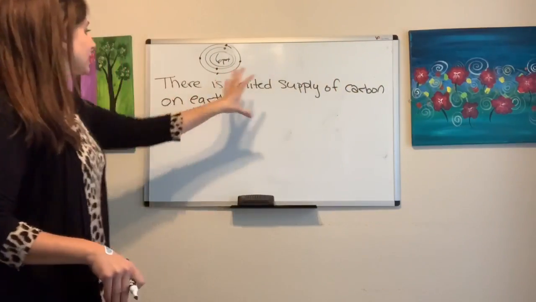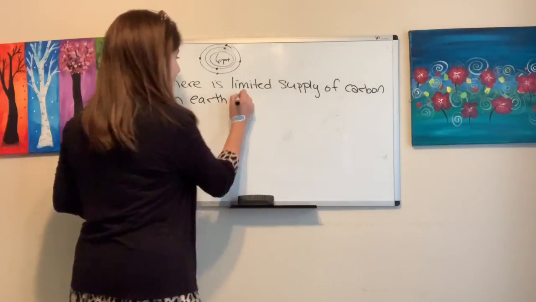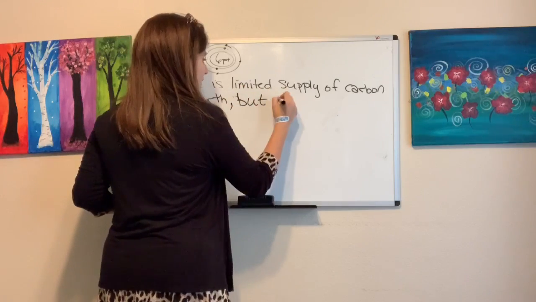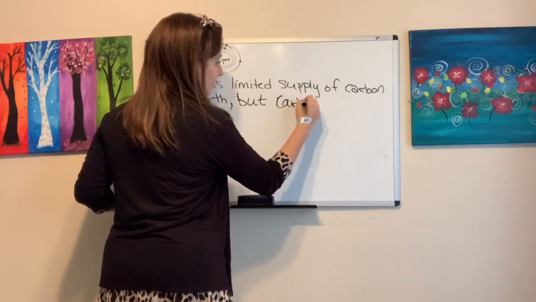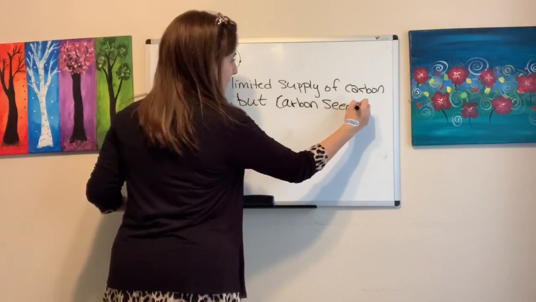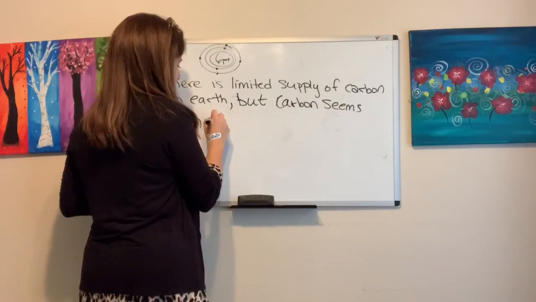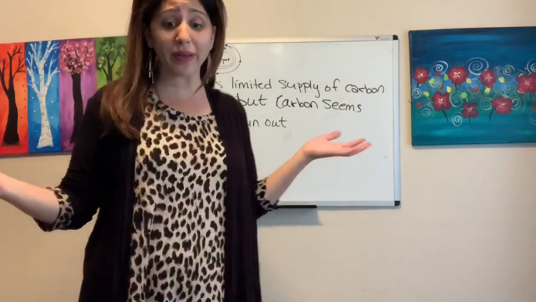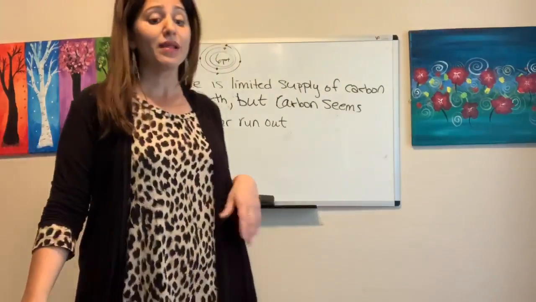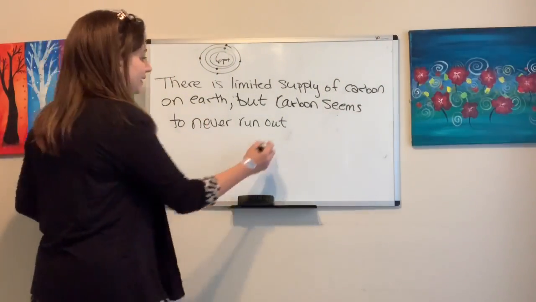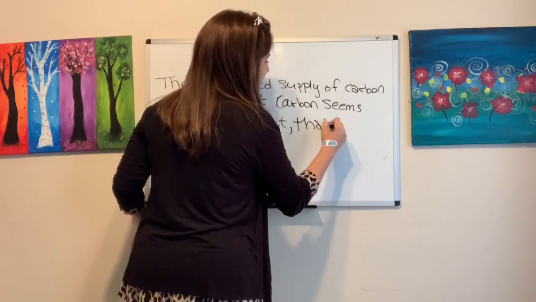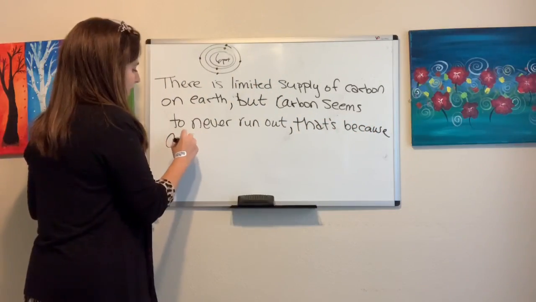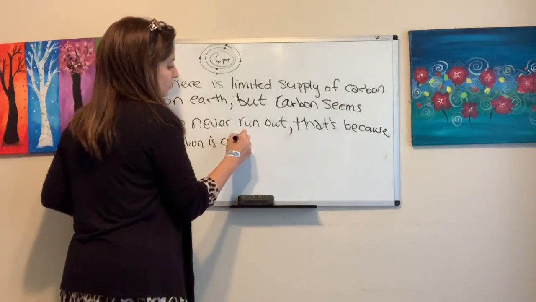So we know that there is a limited supply of carbon on Earth, but carbon seems to never run out, right? We have plenty of carbon. It seems that we're not running out of it. And that's because it's constantly being cycled, right?